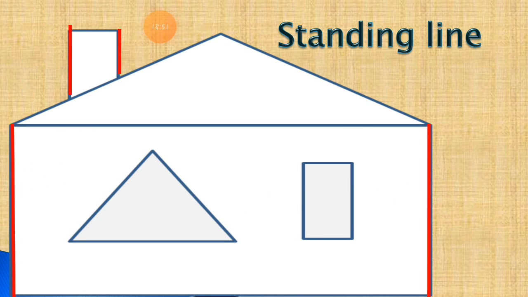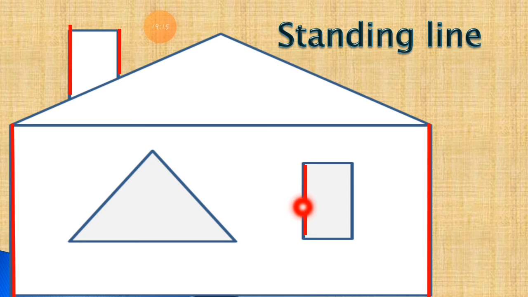Now can you find any more standing lines? Yes, there are more standing lines given. Here is standing line number 5. I overwrite it with red color so you can easily see it.